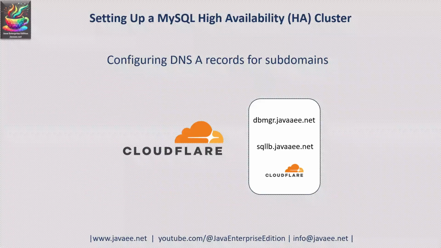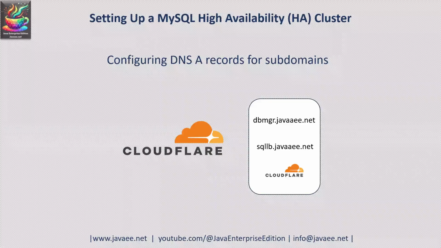As we discussed before, we need to set up 2 different DNS names for the SQL cluster. One for Galera Manager, so we will be setting up the Galera Manager with the host name dbmgr.javaee.net. The second one would be for the load balancer.